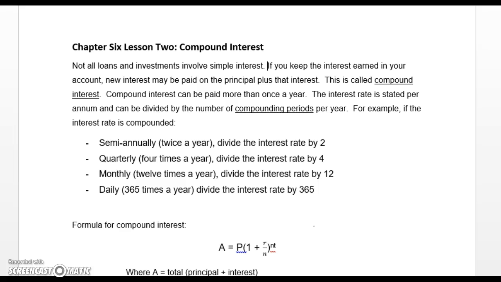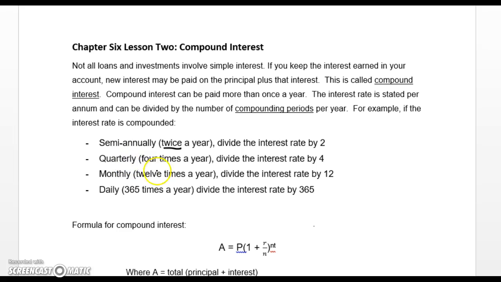Compound interest can be paid more than once a year, and the interest rate is stated per annum, and it can be divided by the number of compounding periods per year. Say, for example, if the interest rate is compounded semi-annually, which means our number of compounding periods a year is twice, or 2, we divide the interest rate by 2.